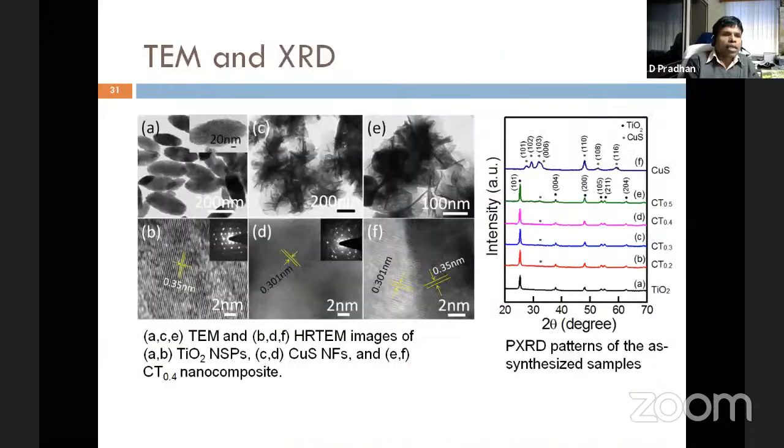And here you see the TEM images; they are crystalline in nature. TiO2 is in the form of anatase, and copper sulfide is also crystalline. The flakes are crystalline, and when we form the composites, as you see, these flakes and TiO2 are well connected to each other, and X-ray diffraction also confirms the presence of both TiO2 and CuS in crystalline form.